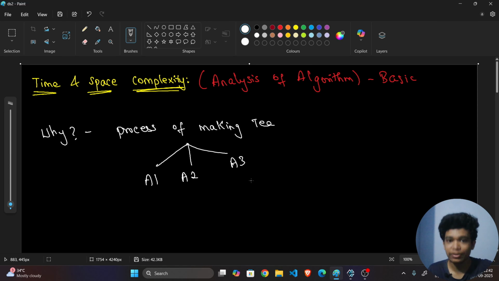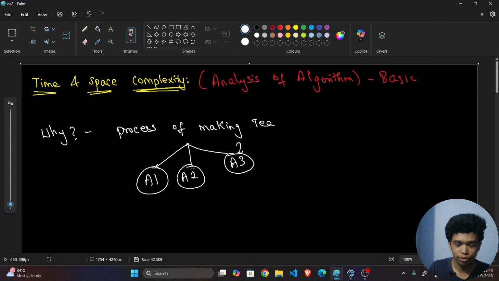Then you will say the overall efficient one is algorithm 3. By doing each step in algorithm 3, I can prepare a good tea in a simple, efficient way. With algorithm 1 and algorithm 2, I can also make the tea, but in an inefficient way.